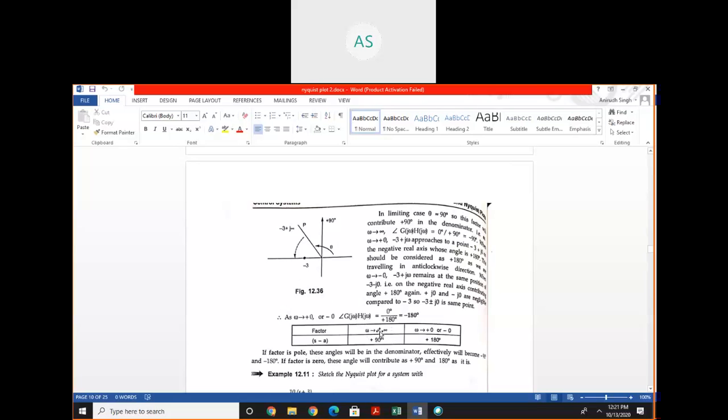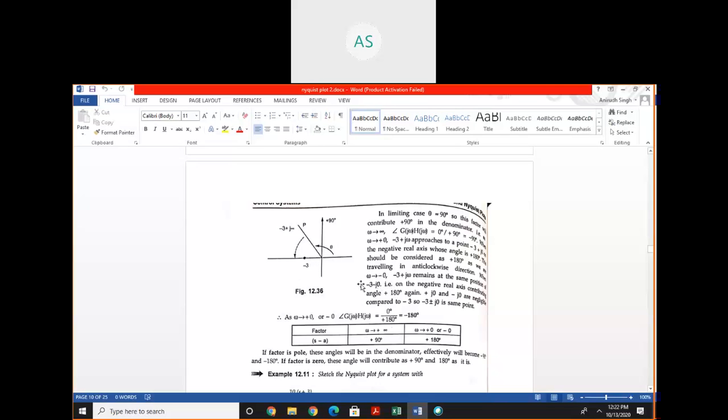s minus 1, this factor contributes plus 90 degree, and when omega is plus 0 or minus 0, in both cases we get minus 1 plus or minus j0. Sorry, when omega is 0, there is an angle contribution of plus 180 degree in the denominator.